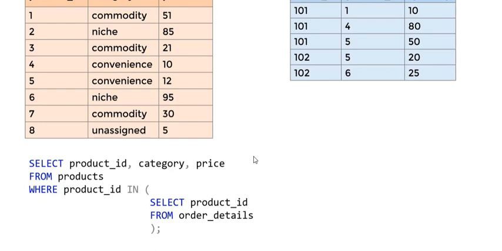From those product ID numbers I want the product details. Select product ID from order details in the subquery. The inner query executes and gives 1, 4, 5, 5, 6, and for those it will give the products.